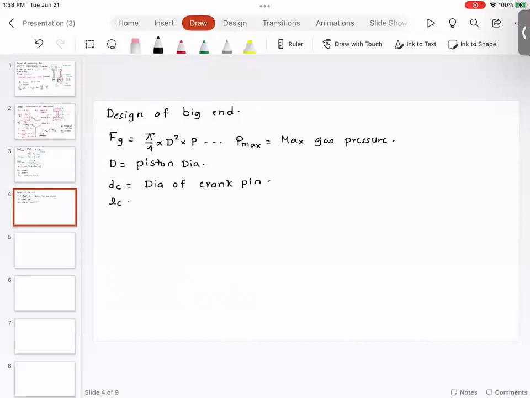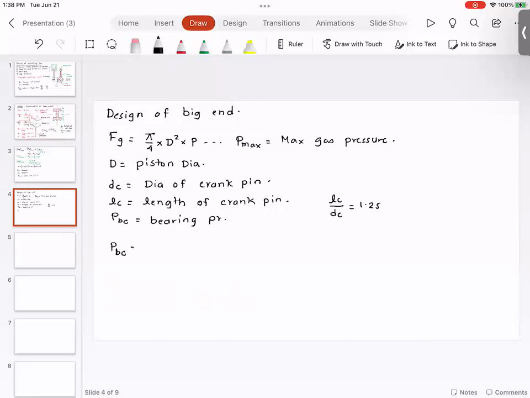And lc is the length of the crank pin. pbc, bearing pressure, lc by dc is 1.25.